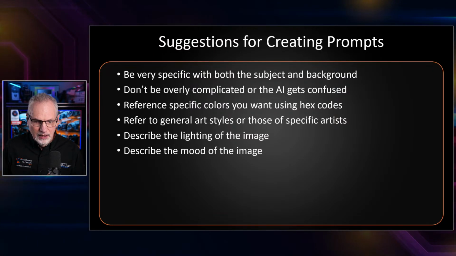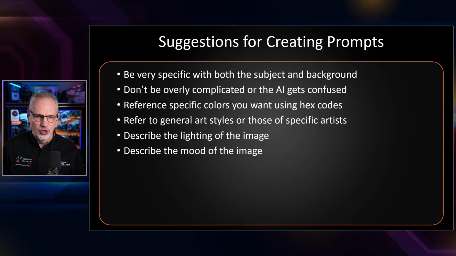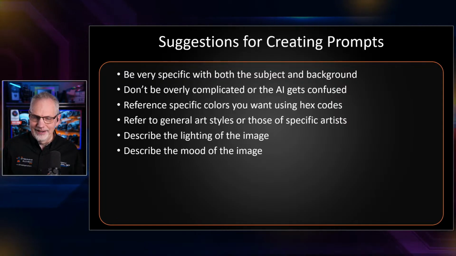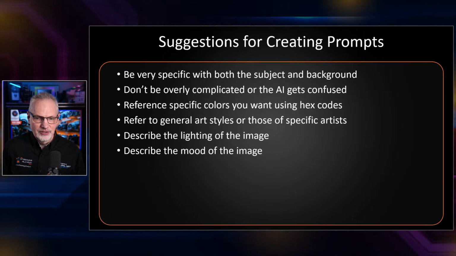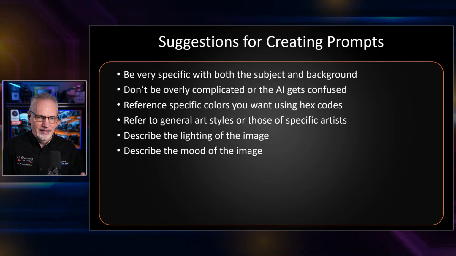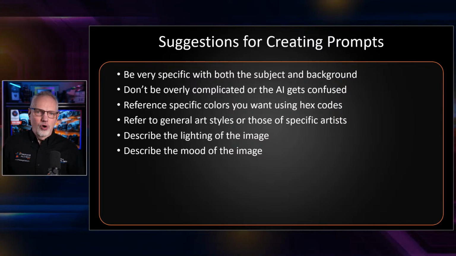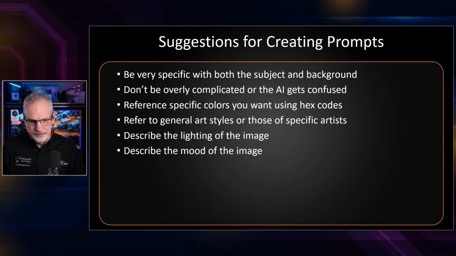And the other thing is you can describe the mood. You can say it's dark, it's foreboding. You can do things like say, this is like cyberpunk, or things that have an overall atmosphere to them, and use those as descriptions.